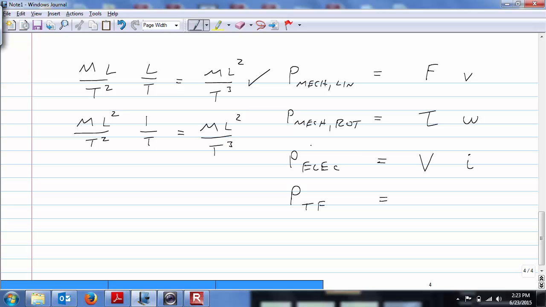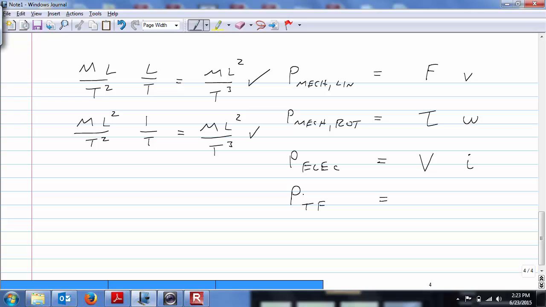Okay, so what we just did was a little thing called dimensional analysis. We analyzed the dimensions of the thing. We started with the dimensions of force, velocity, torque, and angular velocity, and said, okay, we're all on the same page. Power always has the same dimensions, just like energy always has the same dimensions. It's a little different in volts and current. There's a way to dig back into the SI units, but that's a conversation for another day.